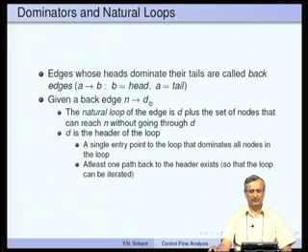So n to d is the back edge, it goes backwards. Starting from d, which is supposed to be the header of the loop, we want to travel to n. You look at all the nodes through which we can travel to n, but those nodes cannot include d again. That is what this is really saying.